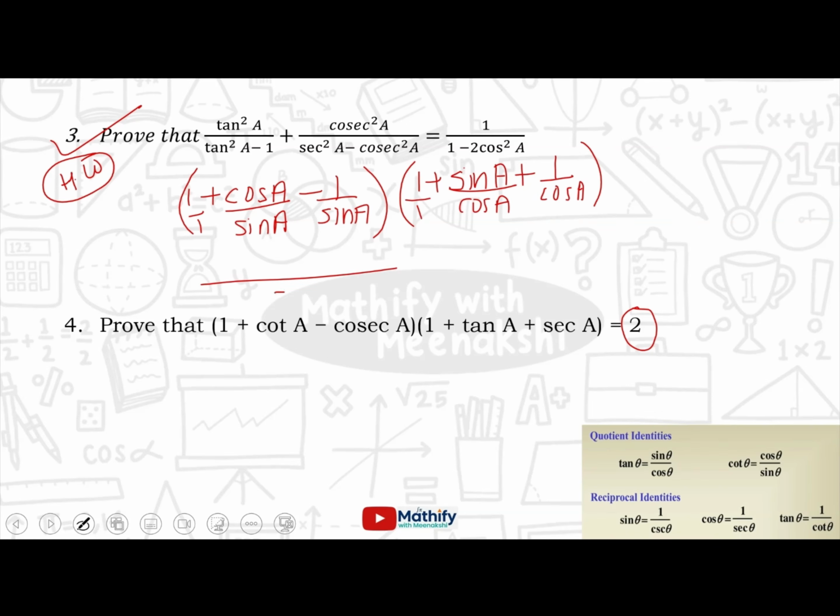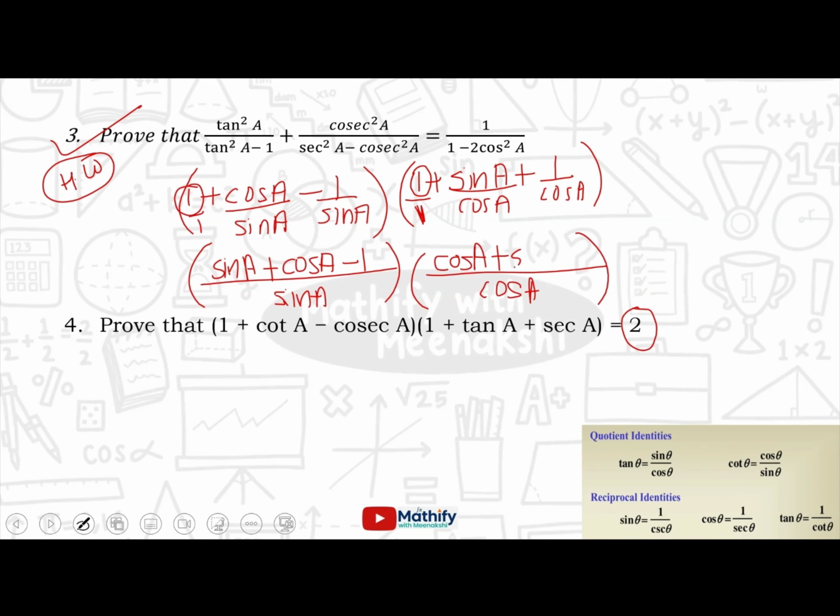Here the LCM is sine A. Here I have to multiply this with sine because the LCM is sine, and the rest I copy as it is, cos A minus 1. Similarly here we'll take the LCM cos A. Here I will multiply it with cos A because the denominator is 1, and the rest I will copy as it is. Now just see carefully. Can I use any identity here?